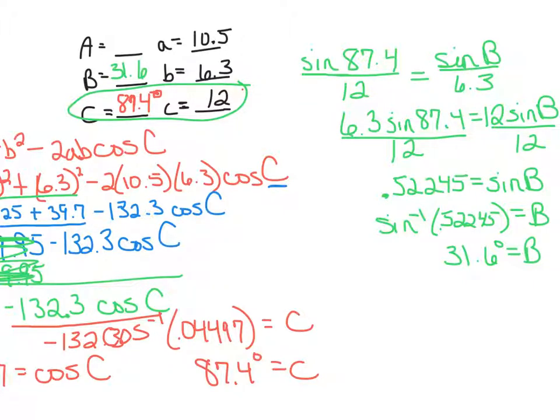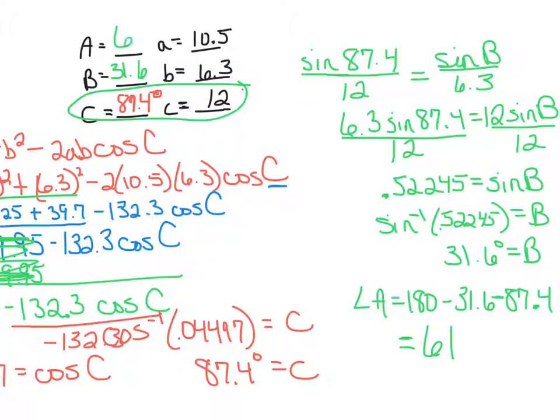And now I can take 180 for angle A: A equals 180 minus 31.6 minus 87.4. And I get that angle A equals 61 degrees.